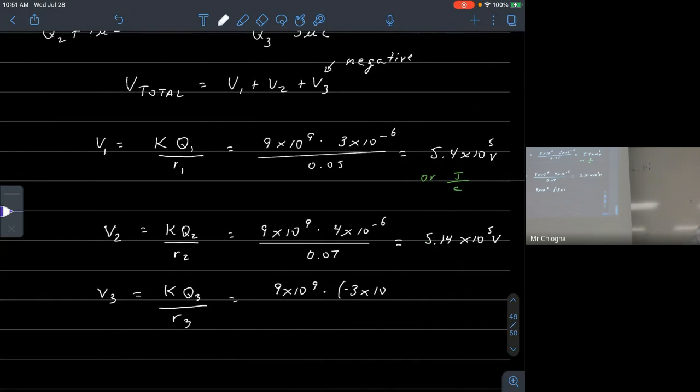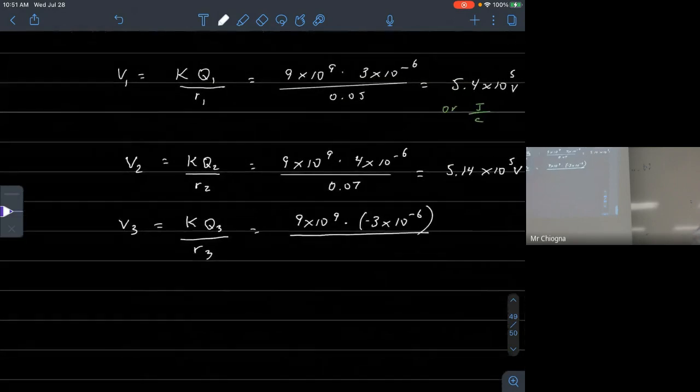When you're calculating electric potential, you have to include negatives. It has to come out at least in the final answer. The distance is 5. This works out to be negative 3.6 volts.